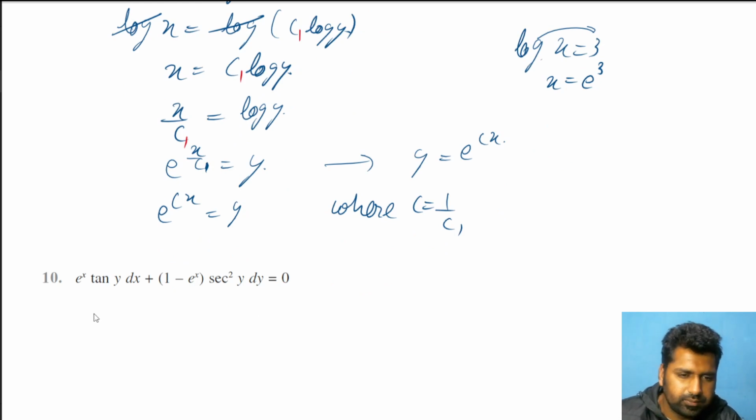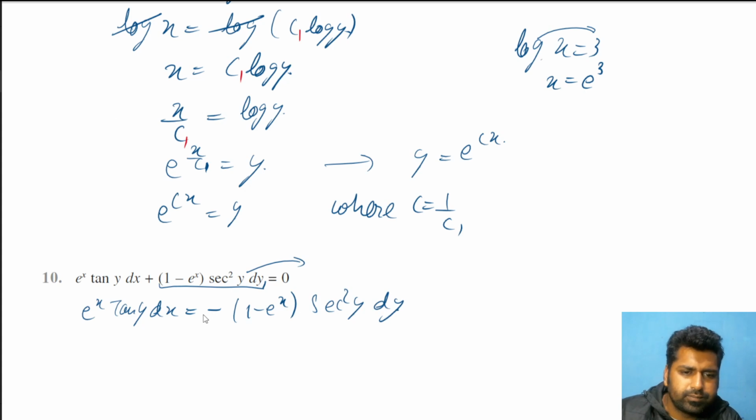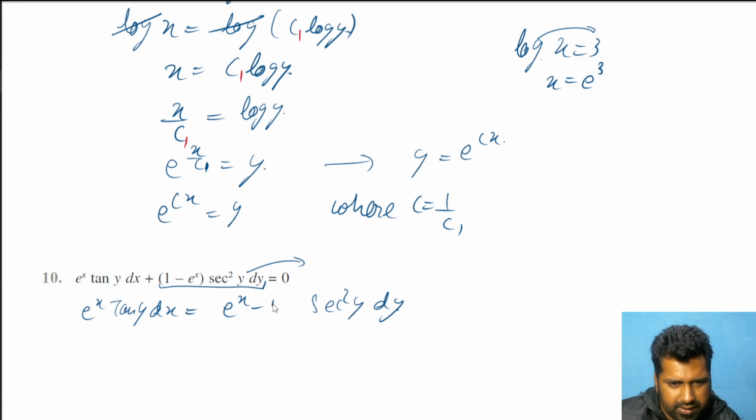For me, it's good. e raised to power x tan y dx is equal to, take this whole weird looking term on the other side, minus y into 1 minus e raised to power x sec square y dy. What you can do is you can take this negative inside also and change this order, so that you don't have to deal with negative, so it becomes e raised to power x minus 1.